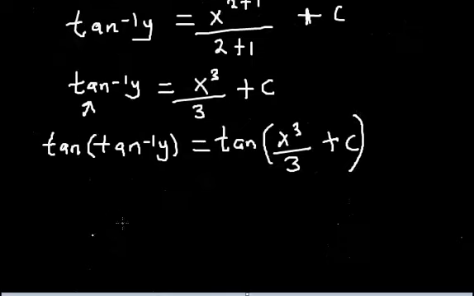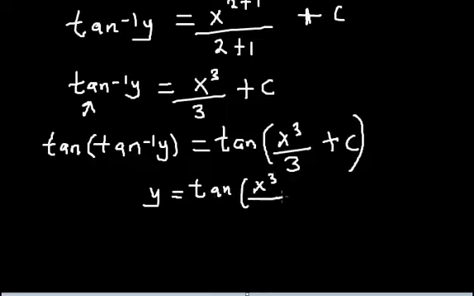Then tan cancels tan inverse, so y now becomes tan of x cubed all over 3, then plus c.